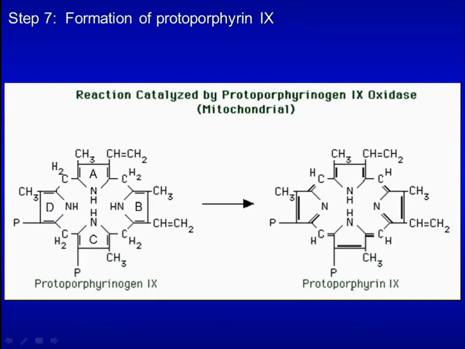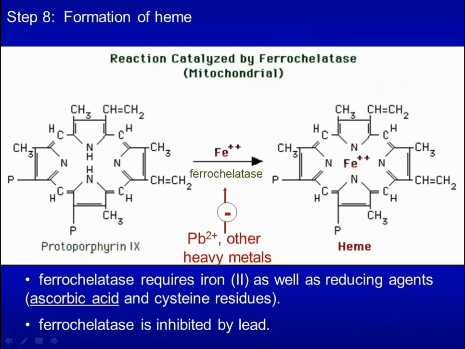In solution, protoporphyrinogen 9 is colorless, while protoporphyrin 9 is red. In the eighth and final step, ferrous iron is inserted into protoporphyrin 9 to form heme.